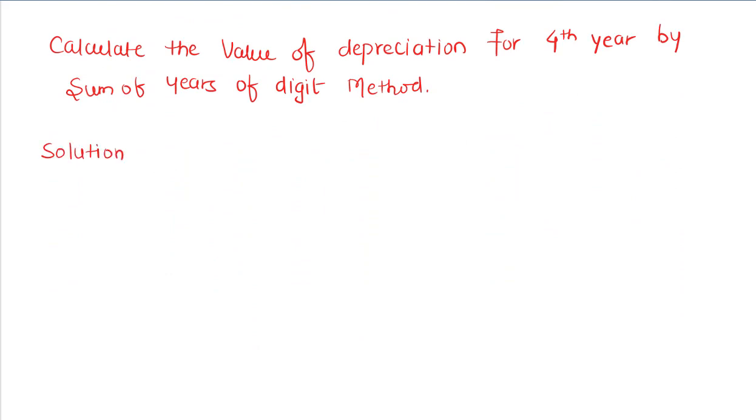Right, solution. 8 plus 7 plus 6 plus 5 plus 4 plus 3 plus 2 plus 1 equals 36. We need to calculate depreciation for the fourth year.